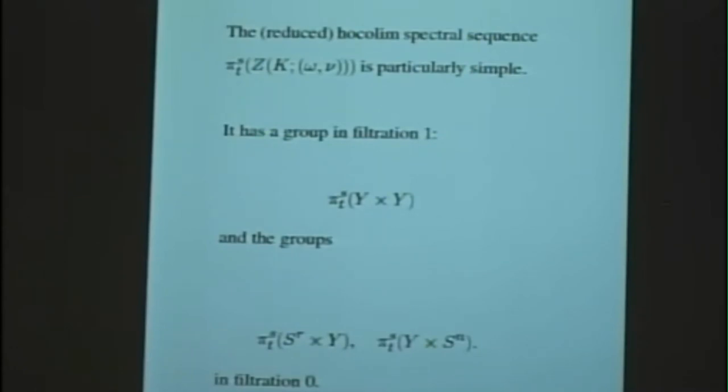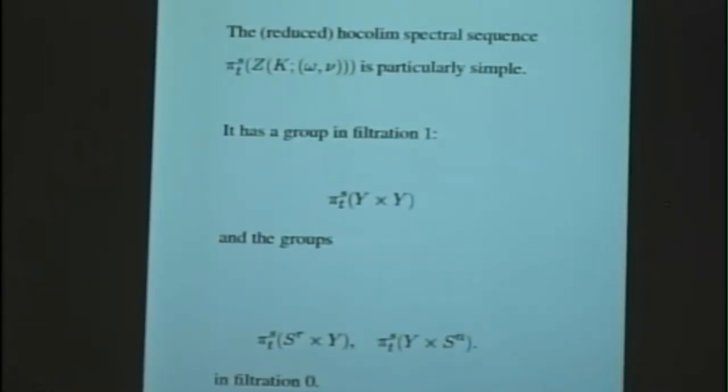Well, ignore the word reduced. The whole homotopy colimit spectral sequence is very simple in this case. It has one group in filtration, well, there's essentially one group in filtration. Oh, I forgot to say, I'm not computing the homology, I'm going to apply the stable homotopy functor. I'm actually trying to compute something about the stable homotopy of this Z_K(omega, nu).